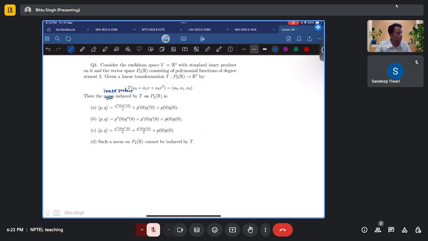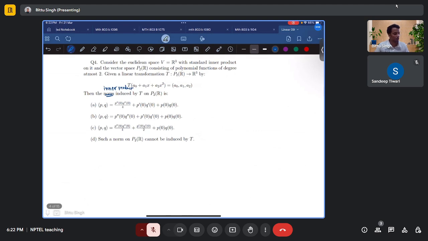So what will the inner product be? What does the inner product induced by T mean? Suppose P is a polynomial belonging to P, and Q is another polynomial.